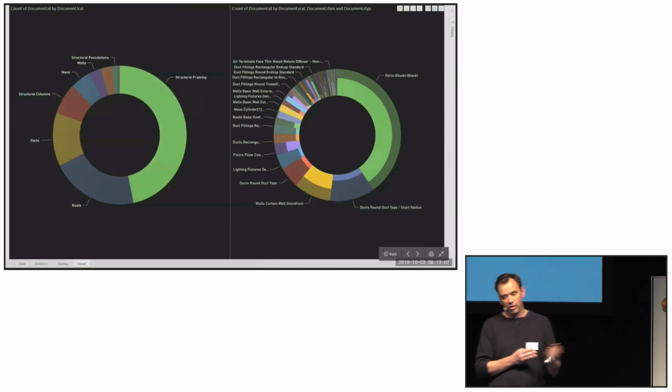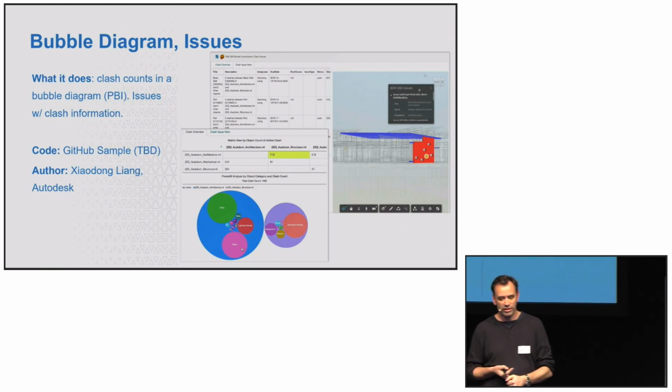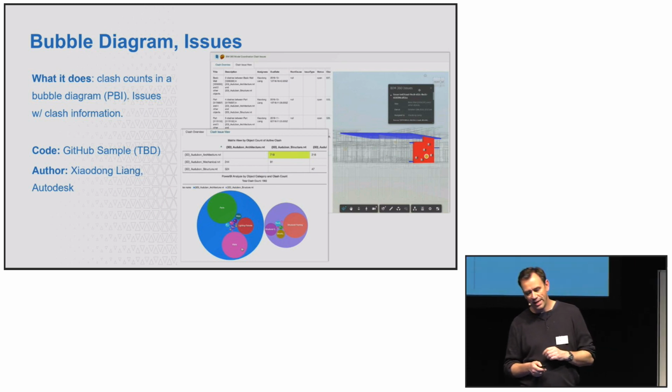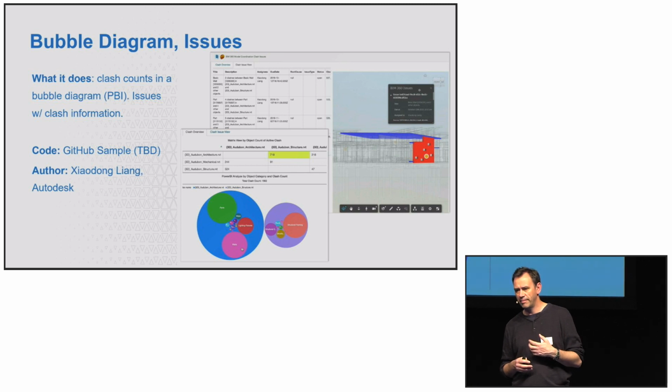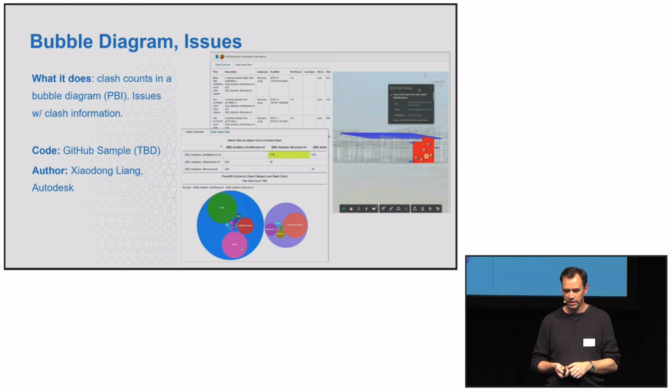And then one of the other folks that we work with in Autodesk, Xiaodong, went a step further. He really liked what Don had done with the Power BI integration, and I think Mikako encouraged him a little bit to integrate that more directly with a Forge viewer experience.